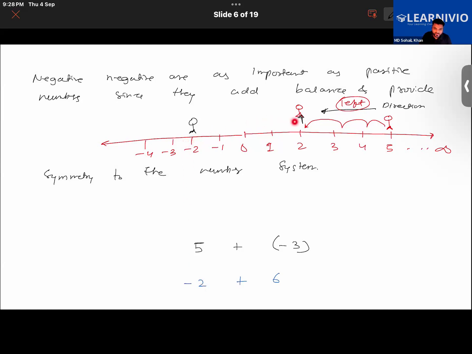You are adding a positive number to it, so you'll be moving to the right side now. How many steps will you take? 6 steps now. 1, 2, 3, 4, 5, and 6. There you go. So this is where you're standing now. That is 4, and for the earlier one it was 2. Hope that much is clear so far.